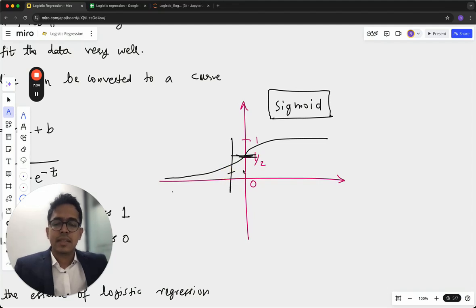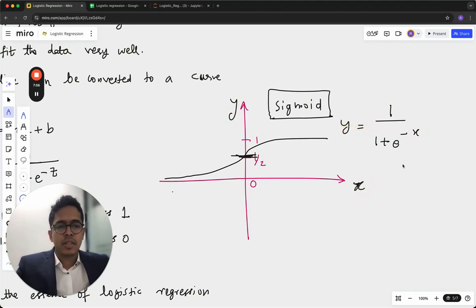And on the x-axis, as the value of x decreases, the sigmoid value gets close to 0. As the value of x increases, the sigmoid curve approaches close to 1. And the equation for this is 1 by 1 plus e raised to minus x, if this is x and this is y. So y equals 1 by 1 plus e raised to minus x.